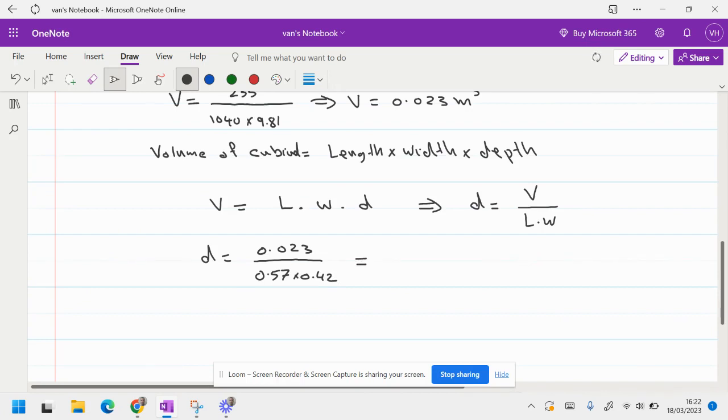Put this in the calculator and it will give us 0.096 meter, or if you want to convert it to millimeter, you end up with 96 millimeter. Thank you.